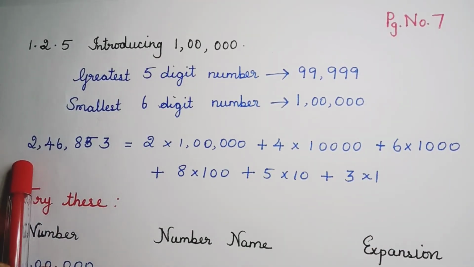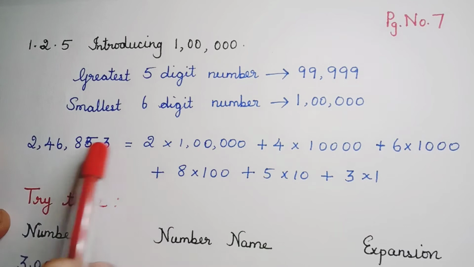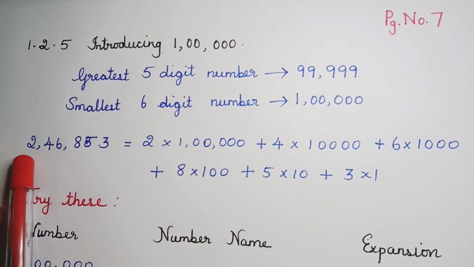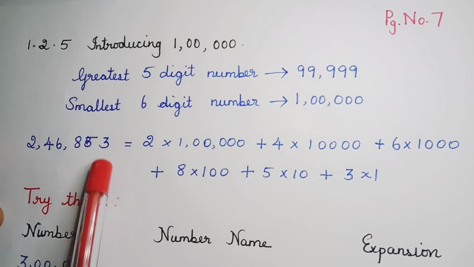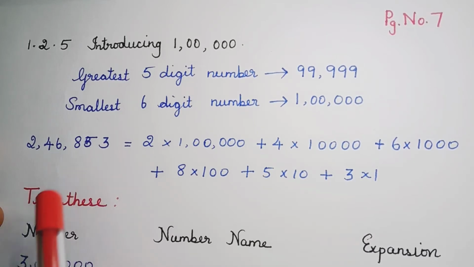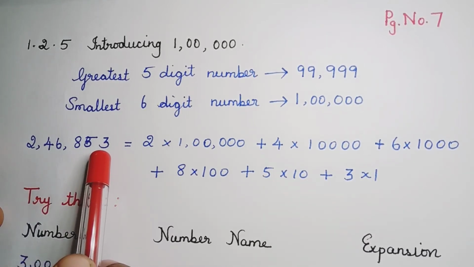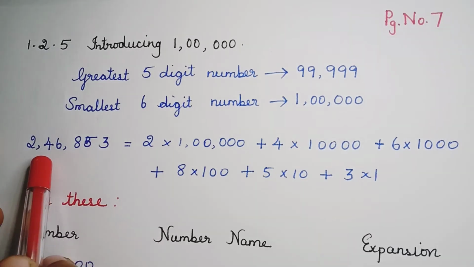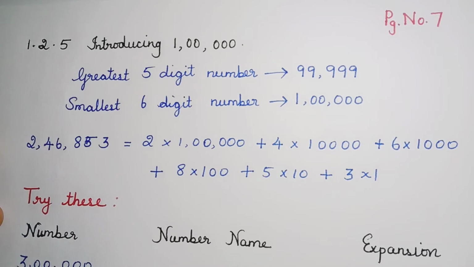Just try to expand a number with 1 lakh. This is an example. You have to count from the right: ones, tens, 100, 1000, 10,000, lakh. So 2 is your lakh value.